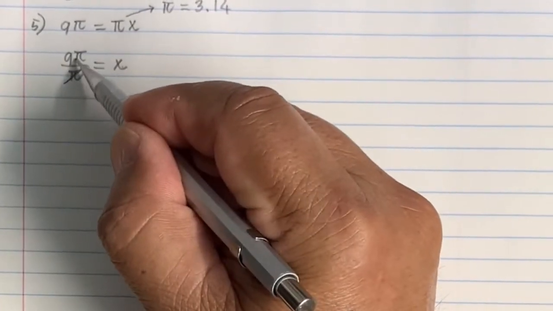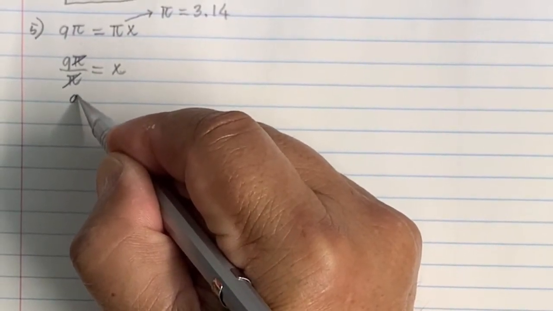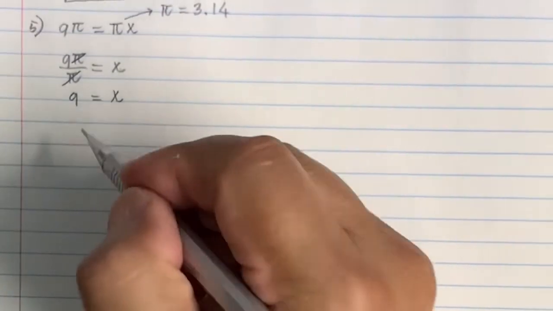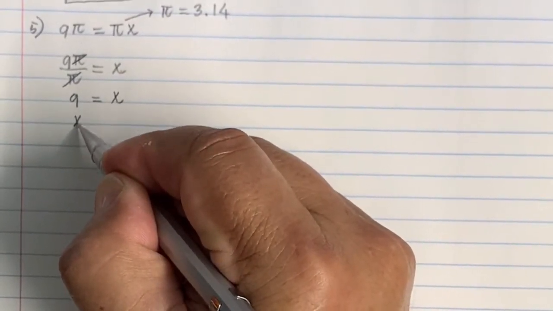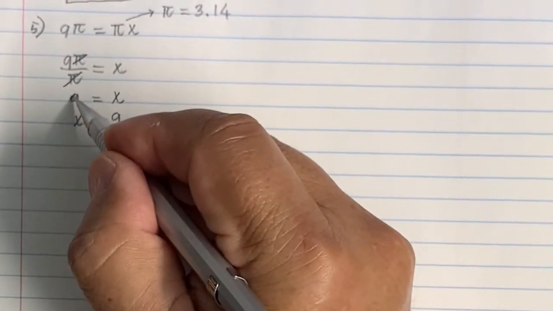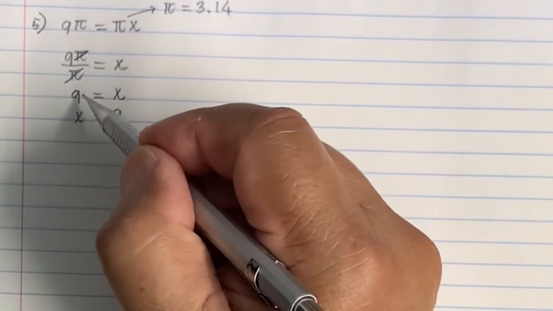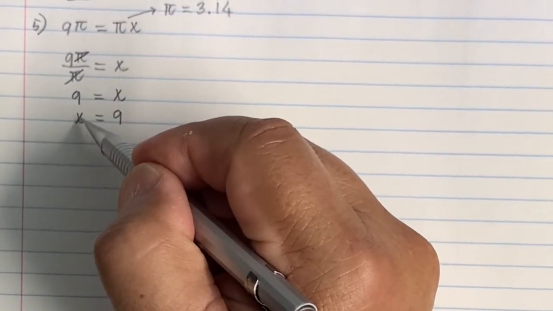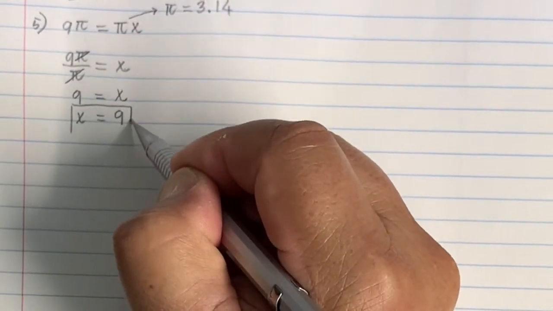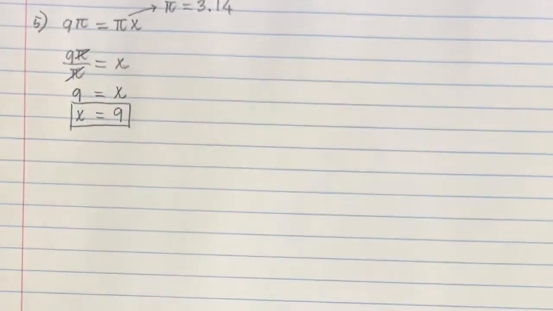We can cross out the pi, and now 9 equal x. But you don't want to keep it like this, so you want to switch them. So x equal 9. It's just for the look. There is nothing wrong with this, you can leave that, that's fine. But a lot of teachers don't want to see that. They want to see the variables on the left side, so you want to switch it. So that's the answer, x equal 9.